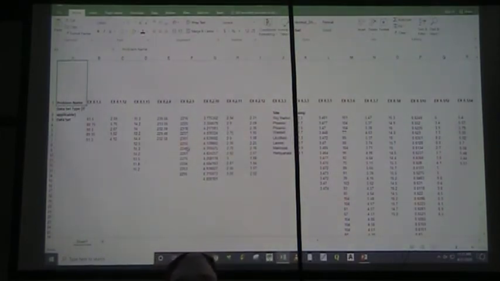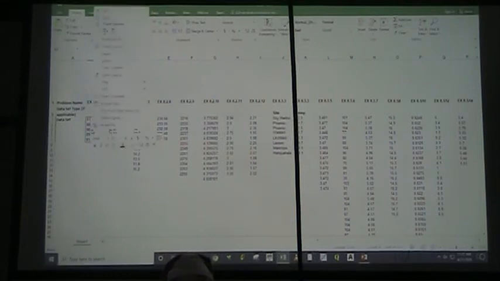All right, so I'm just going to start with the very first one. I'm going to copy my values and put those here.